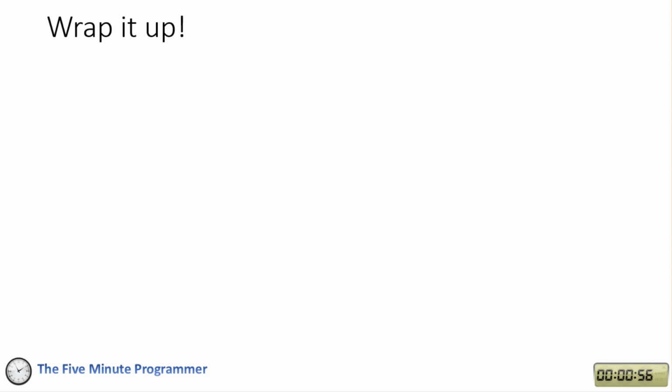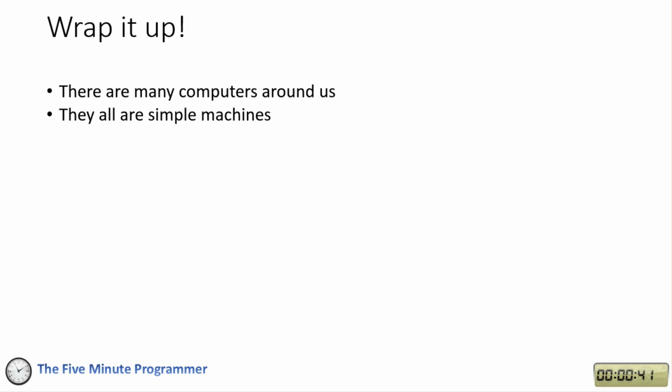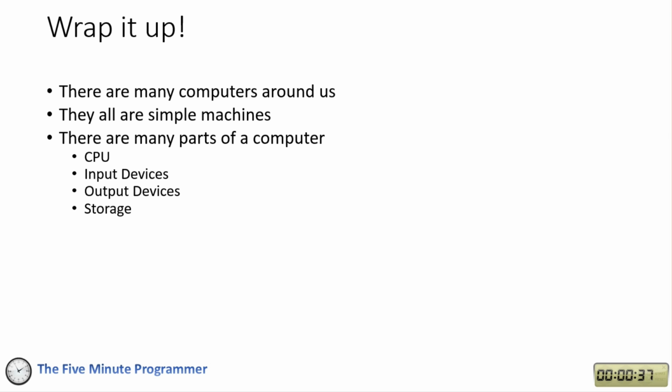So let's wrap it up. We're about out of time here. There are many computers around us, in your car, even your refrigerator. They power the world, and being able to program them allows you to create magic. They really are simple machines. They understand zeros and ones, that's all.